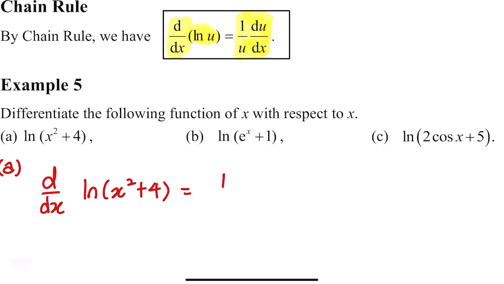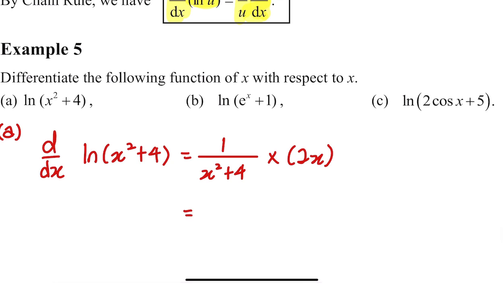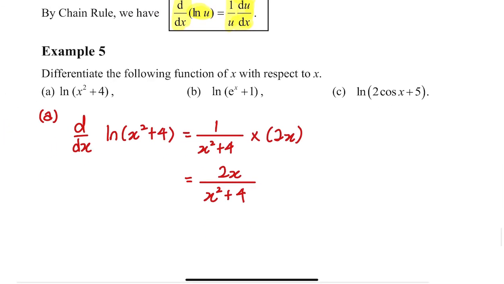It will be 1 over x squared plus 4. But now I'll multiply this by differentiating whatever that's inside this bracket here. Differentiate x squared plus 4, I'll get 2x. So therefore final answer to this question is simply 2x over x squared plus 4. This is for example 5a.